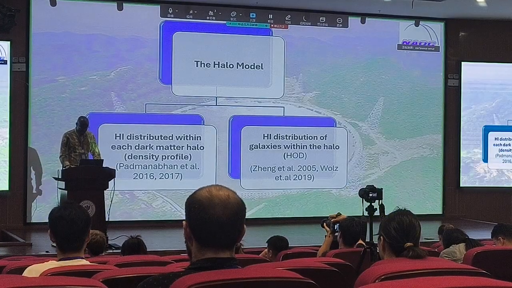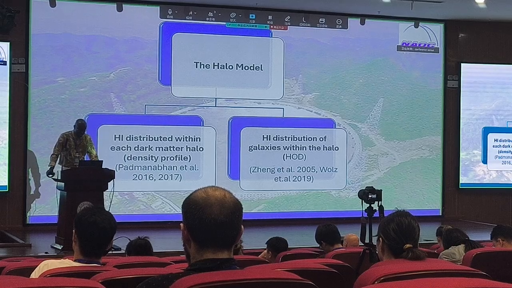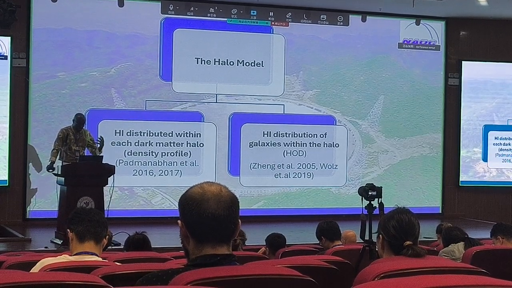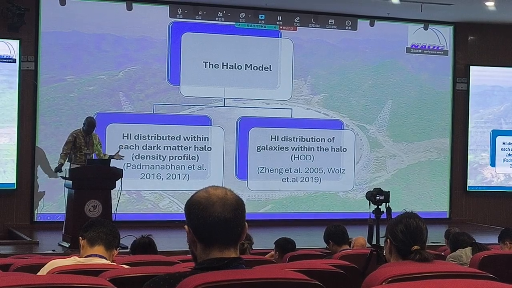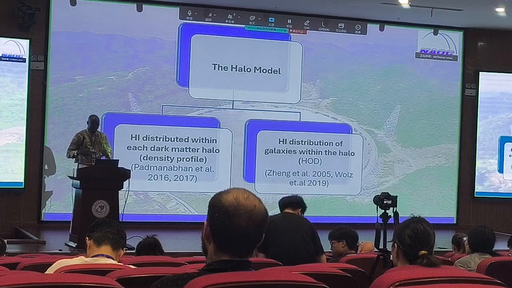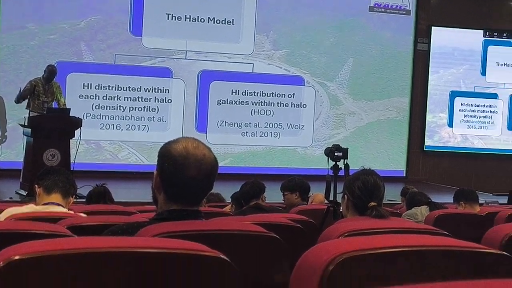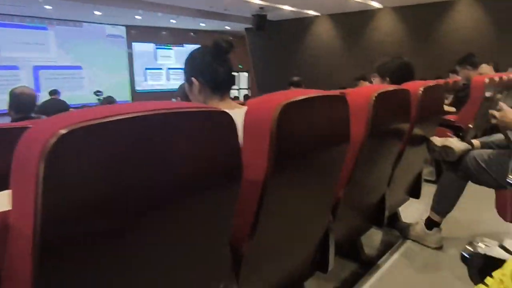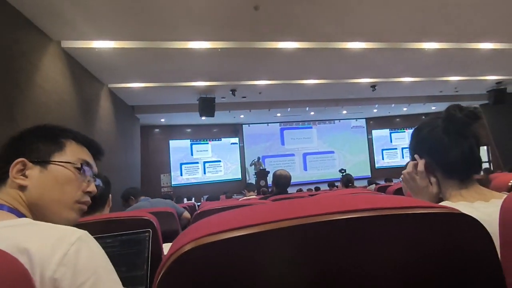Now for the theoretical forecast, we use the halo model to describe the H1, and one can in principle look at two approaches. One is to describe the H1 distribution within each dark matter halo following the density profile, more like taking an average of all the H1 in the halo's galaxies, and then calculate the angular power spectrum, which encodes the astrophysics of the H1.